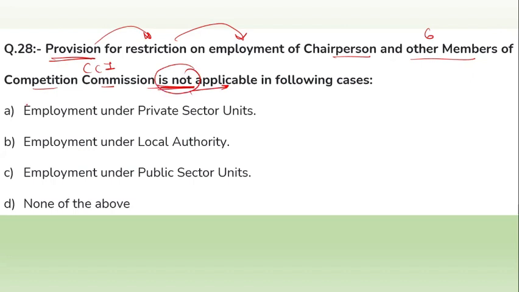Option A, employment under the private sector unit. Option B, employment under the local authority. Option C, employment under the public sector unit. Option D, none of the above. So what will be the right answer?